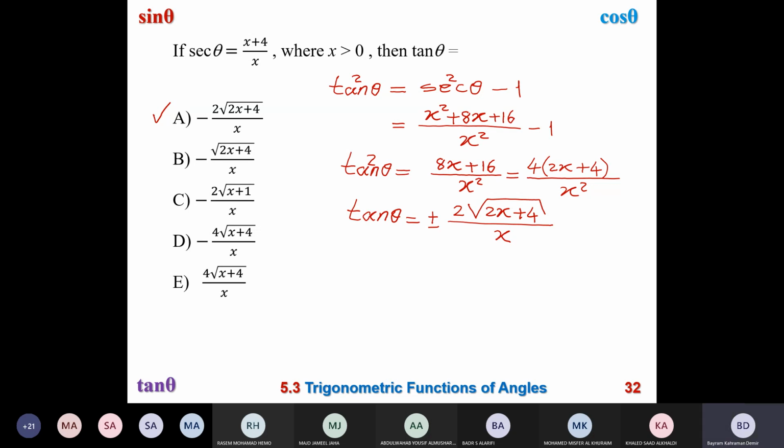Tangent is negative in the fourth quadrant. Tangent is y coordinate divided by x coordinate. Do you remember? So it is negative in the fourth quadrant. So that's why they give you the negative one. But if it is in the first quadrant, then you need to choose the positive one, which is not available here.